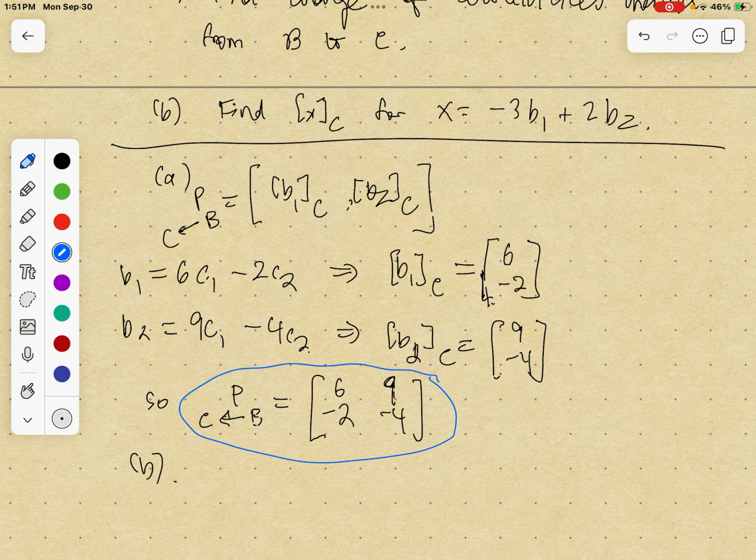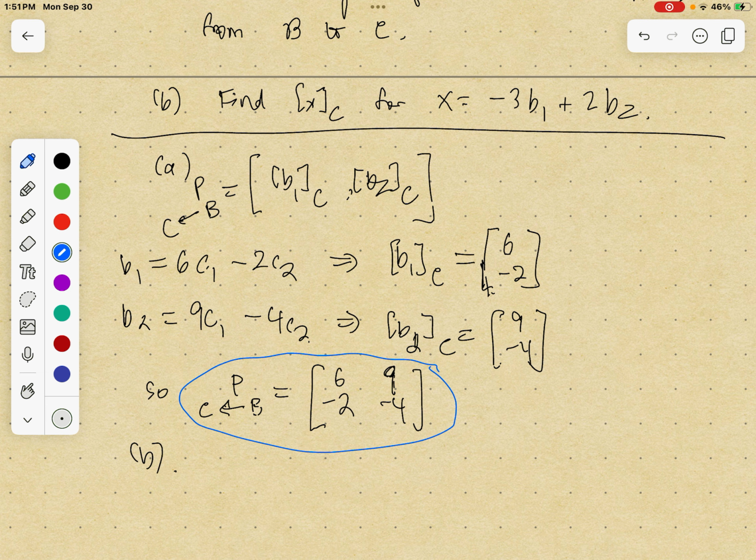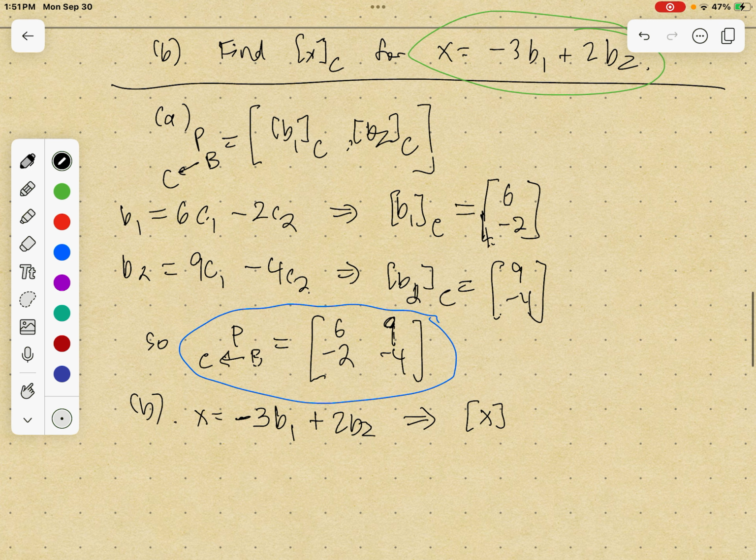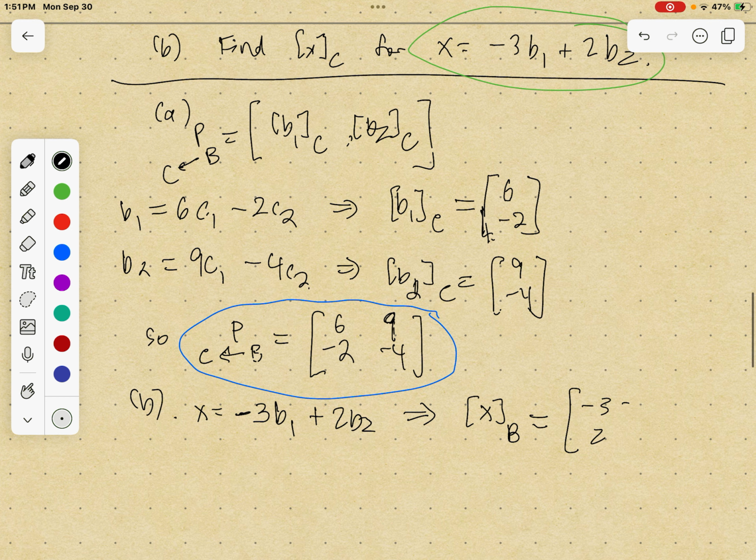Okay, part B. Find the coordinate vector of X relative to C for X equal to this. Well, this matrix takes the coordinate representation of X with respect to B to the one with respect to C. We're given that X is negative 3B1 plus 2B2, that's the same as saying that the vector X relative to B is equal to negative 3, 2.